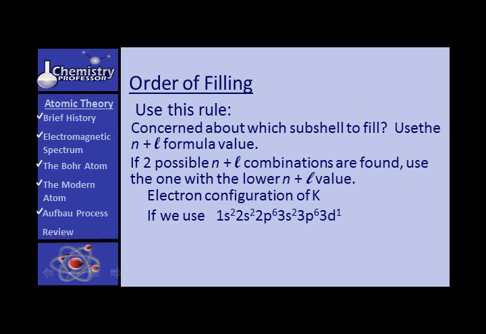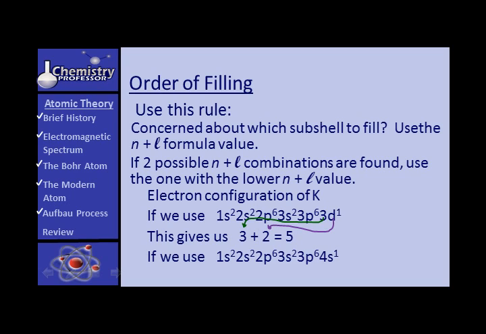Now, if we put that last electron, that 19th electron, in the 3d, this is going to give us 3 plus 2 is 5. Where do these numbers come from? Well, the 3 comes from there. And remember the d? The s is 0, the p is 1, the d is 2, so the 2 comes from the fact that it's the d, and that gives us a value of 5.